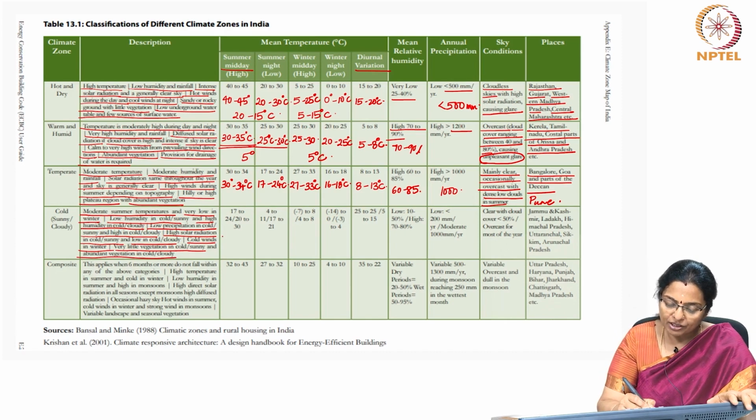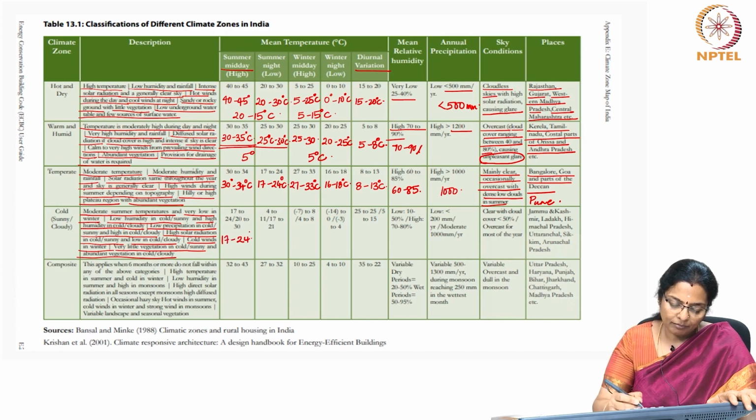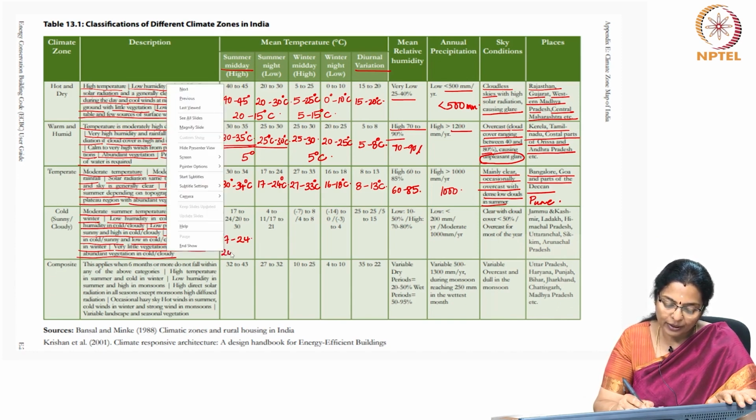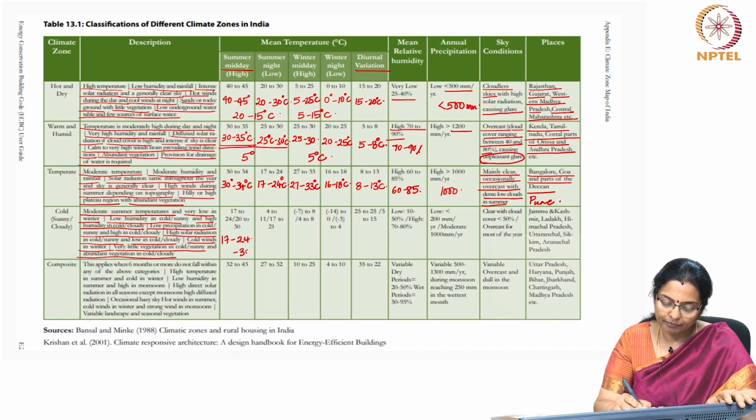Summer midday temperature in cold and sunny ranges between 17 to 24 and in cold and cloudy between 20 to 30. Mean night temperature in cold and sunny is between 4 to 11 degrees centigrade and 17 to 21 degrees centigrade in cold and cloudy.